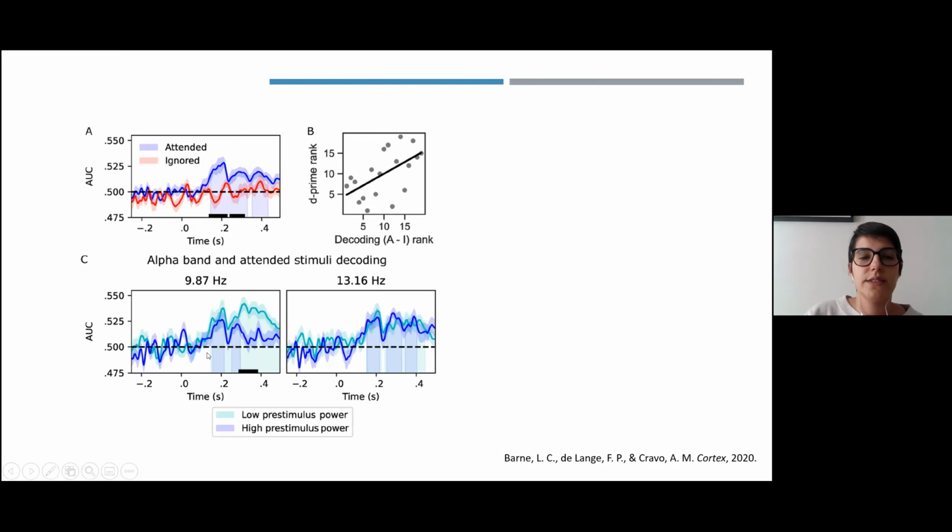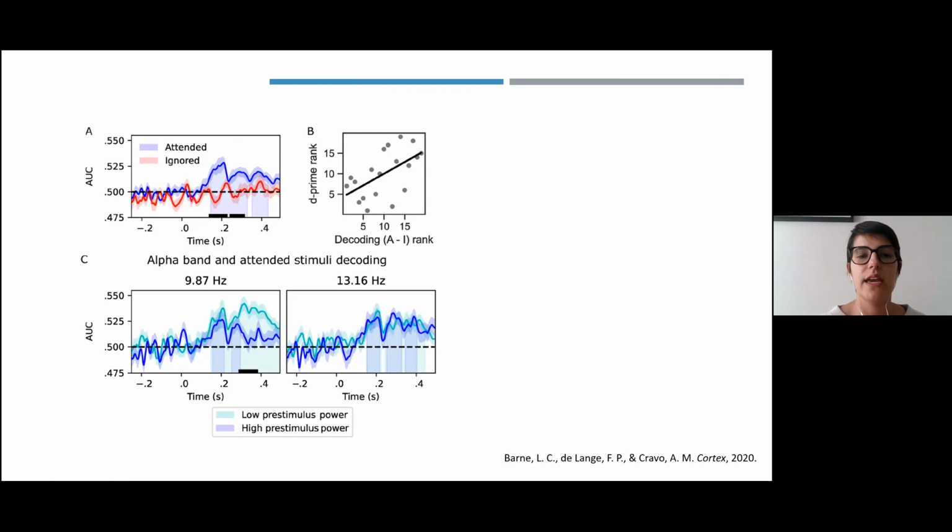And we see that for low prestimulus alpha power, we see a difference, actually not at the same time that we see for attended and ignored. Actually, it's much further away in time, so it's much later, more or less from 300 milliseconds into 400 milliseconds.